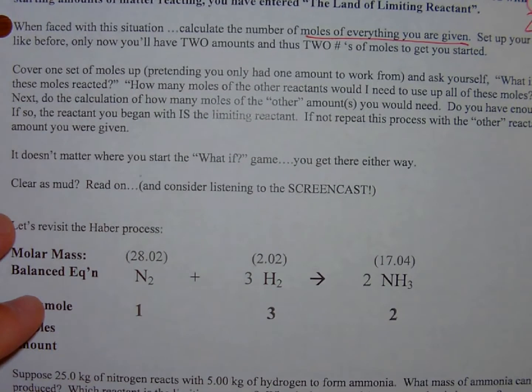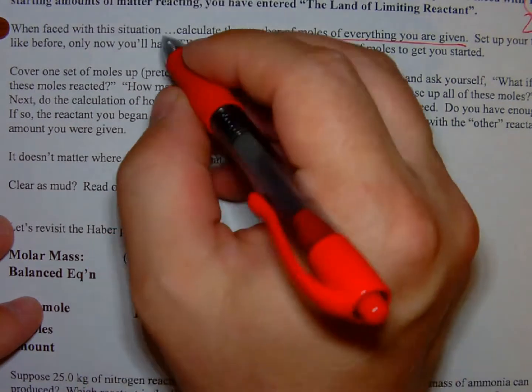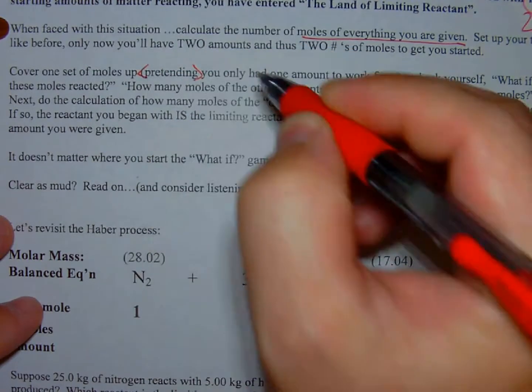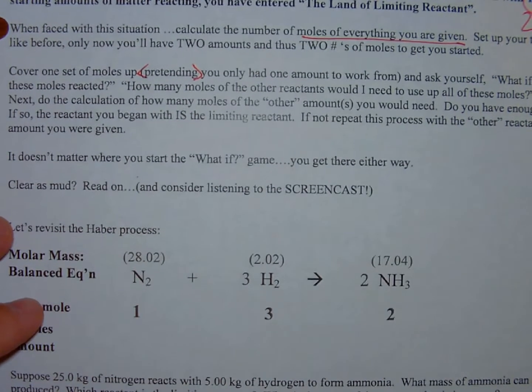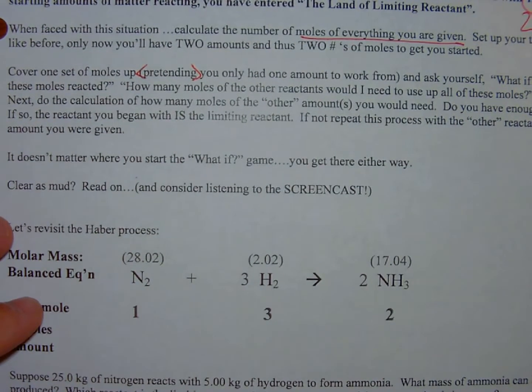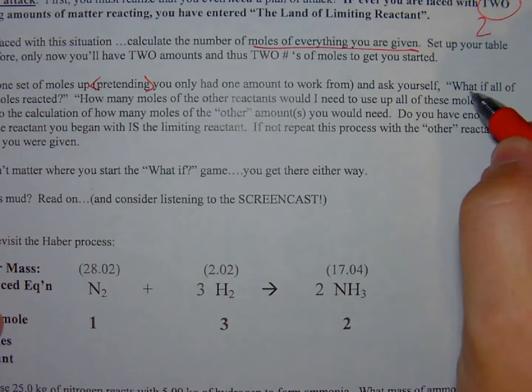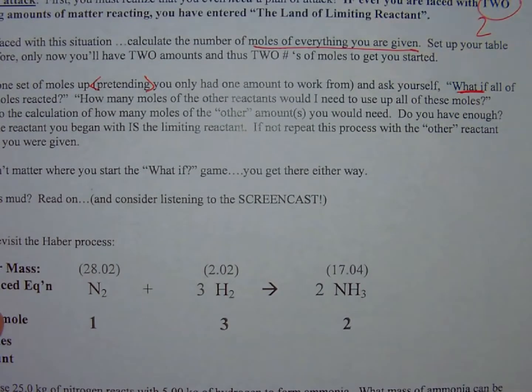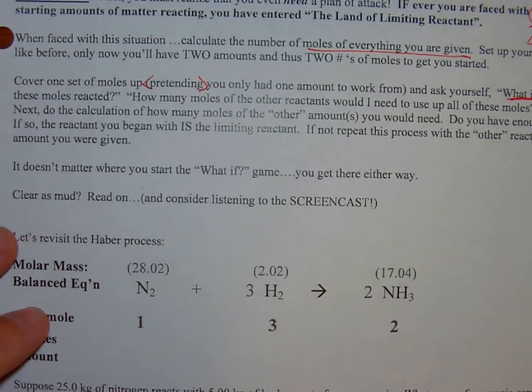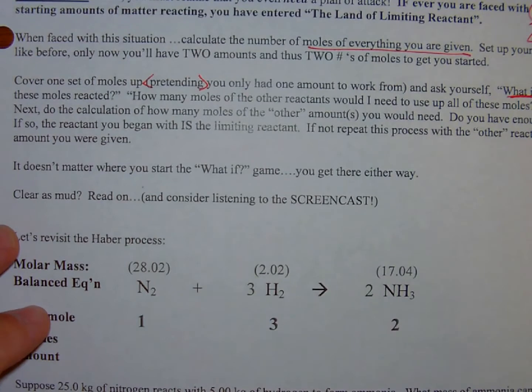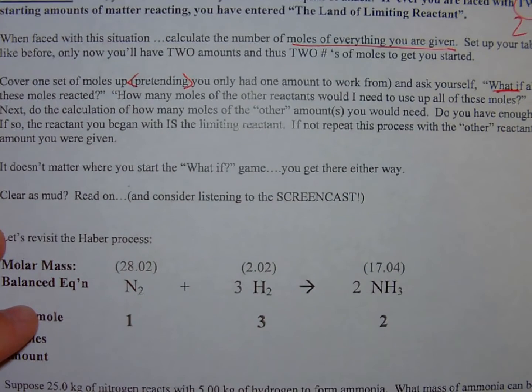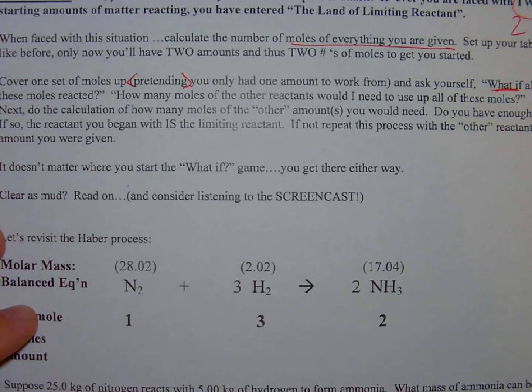Cover one set of moles up, pretending you only had one amount to work from. And ask yourself, this is a good question, what if all of these moles reacted? How many moles of the other reactant would I need to use up all of these moles?